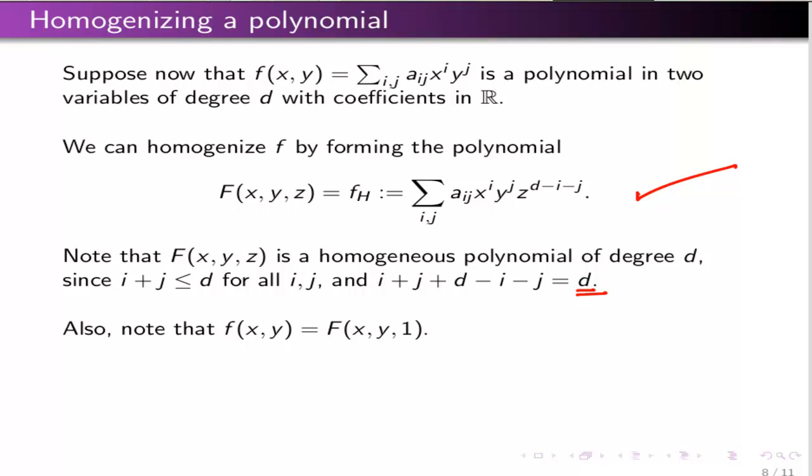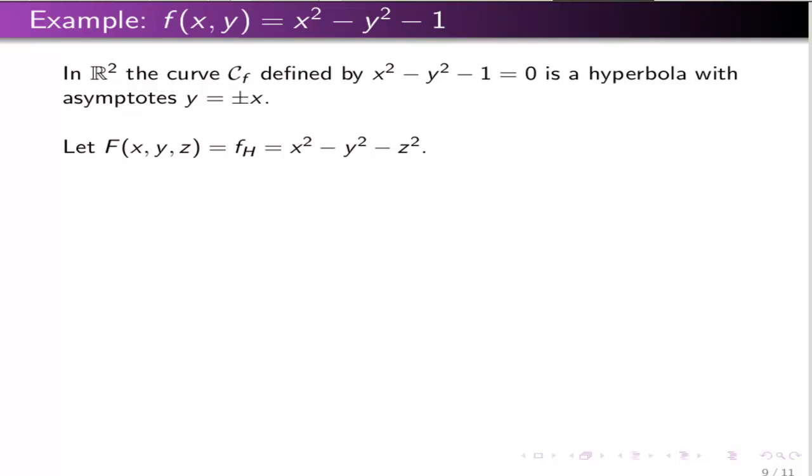So let's look at an example then. Take the polynomial f of xy equaling x squared minus y squared minus 1. So in R2, the curve defined by this polynomial is simply the hyperbola x squared minus y squared equals 1, which has asymptotes at y equals plus or minus x. When I homogenize the polynomial, I want to throw in a new variable so that every term has total degree 2.